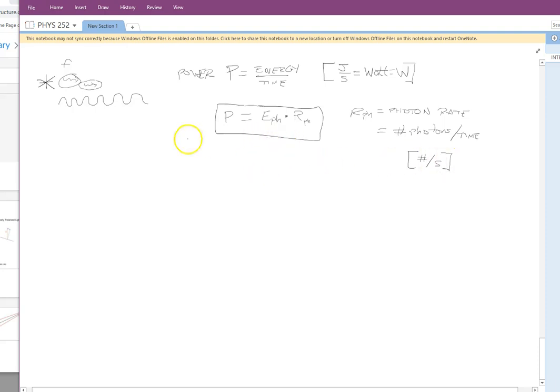So the more photons per second that come out of this, the more output power. That makes sense. The actual energy is being lumped in equal amounts at one frequency. So the way you get more energy per time is you just emit more lumps per time.